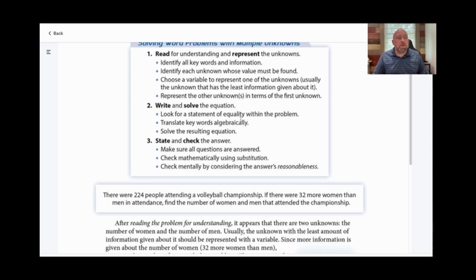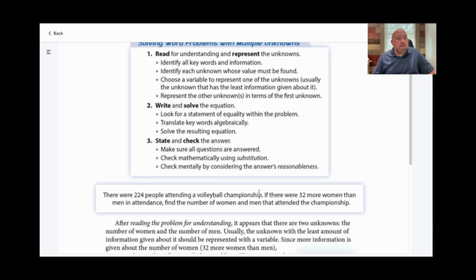So now we want to represent the women and the men. You might say, well, let's put a W for women and an M for men. No, wrong, can't do that. We can only have one variable. So we want to figure out which variable we don't know anything about.